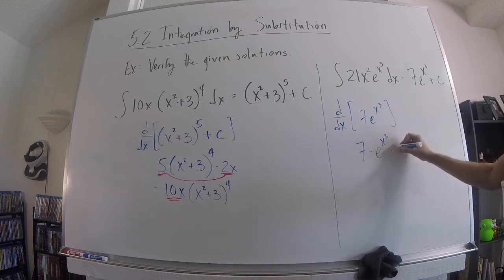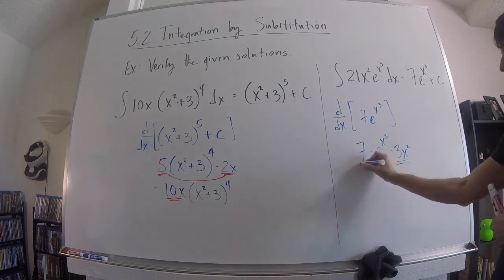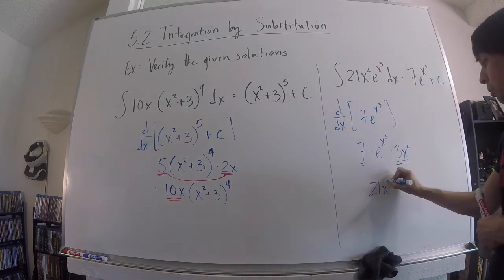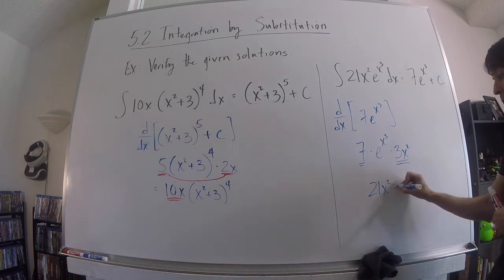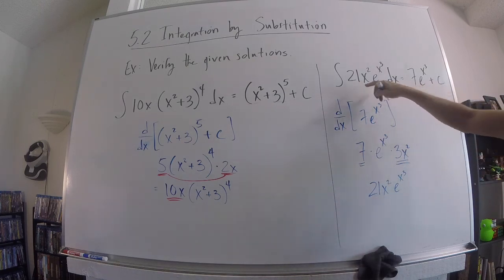The derivative of x cubed is 3x squared. So I'm getting a 3x squared via the chain rule. Multiplied by that 7 gives me that 21x squared. So the 3x squared that's in there is coming from the chain rule. And so that is the antiderivative of that, because the derivative of this will give me back the integrand.